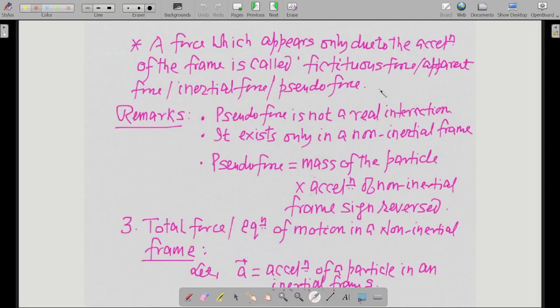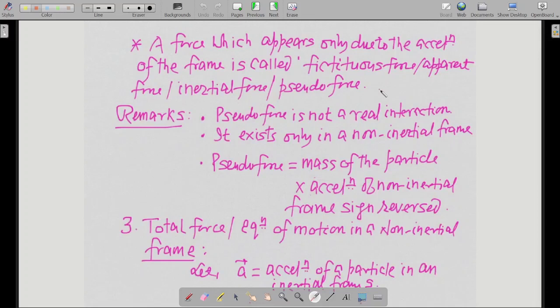So the force which appeared because of the acceleration of this particular frame S prime is called fictitious force, apparent force, inertial force, or pseudo force. All these four names are equivalent, synonyms of each other.